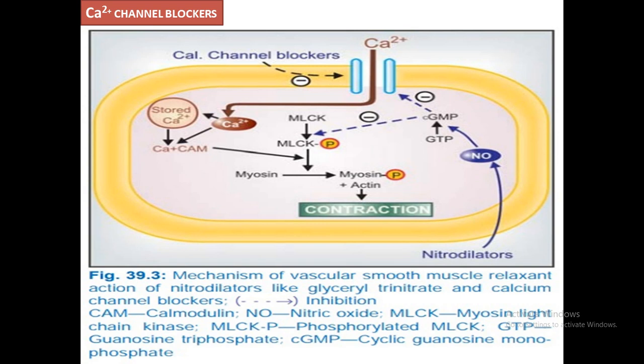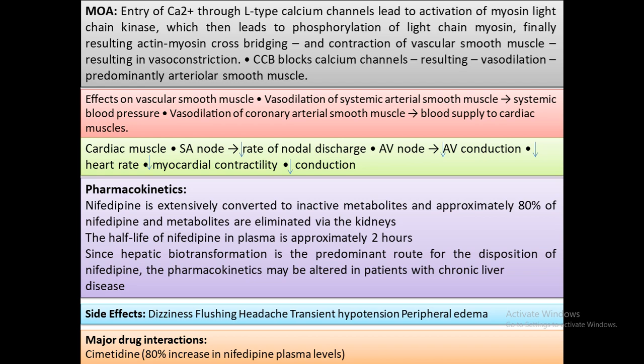So if we block the calcium, then there is no calcium-calmodulin complex, so there is no conversion of myosin light chain to myosin light chain phosphate. So there is no actin-myosin combination, so there is no contraction. This is the main mechanism of the calcium channel blocker.